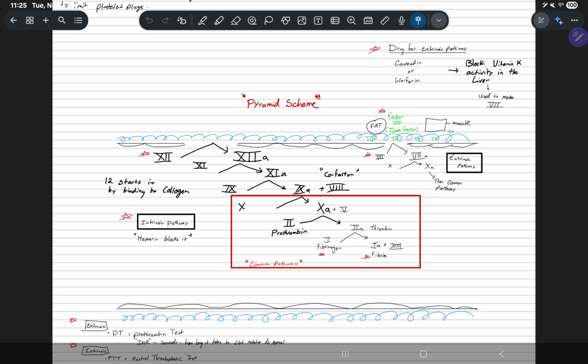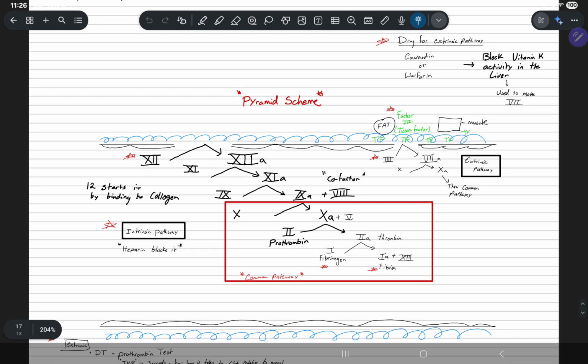And then that will go down to the common pathway, which both the intrinsic and extrinsic lead to, which is 10 turning into 10A plus 5, cofactor 5. Then we've got 2 turning into 2A with thrombin. And then we've got 1 with fibrinogen turning into 1A, plus 12, or 13, with fibrin.